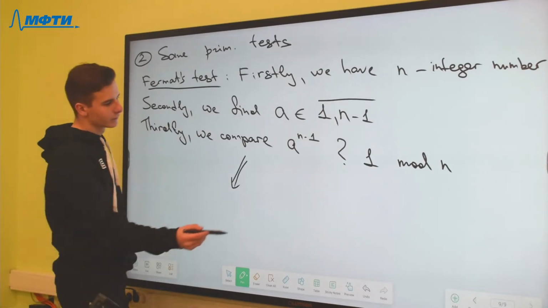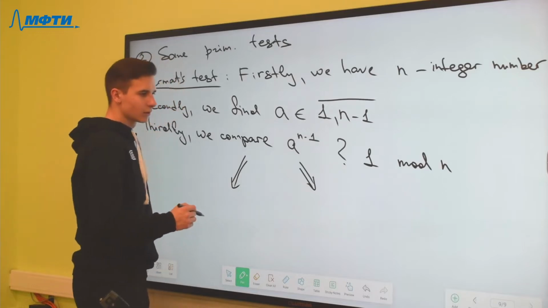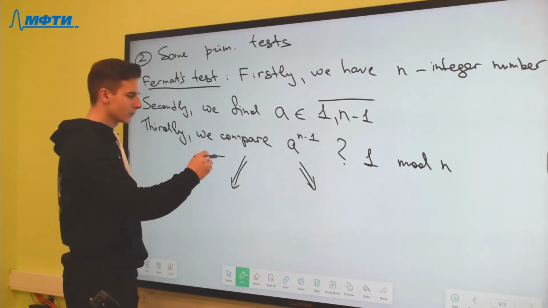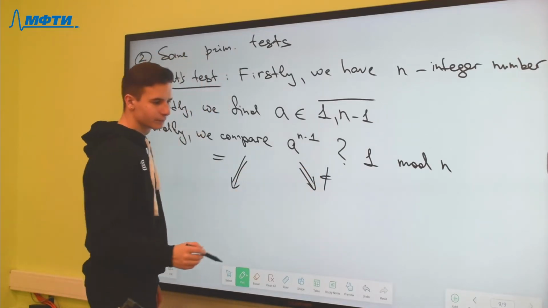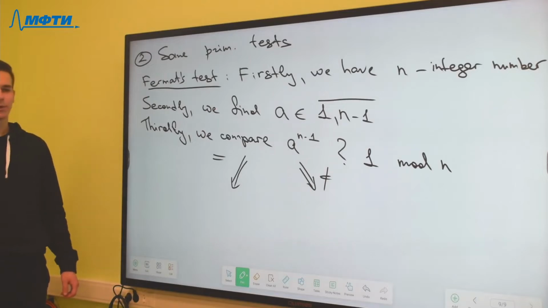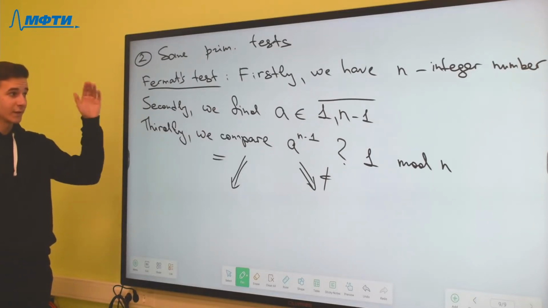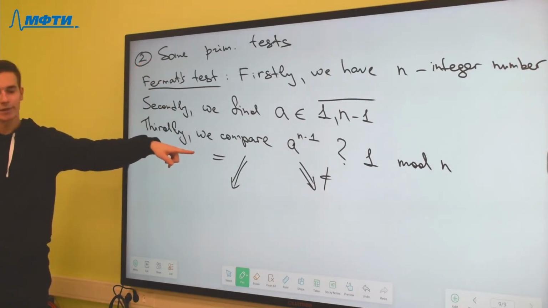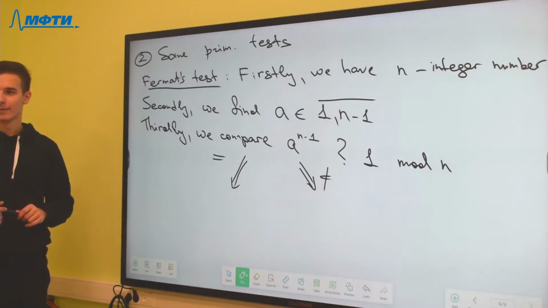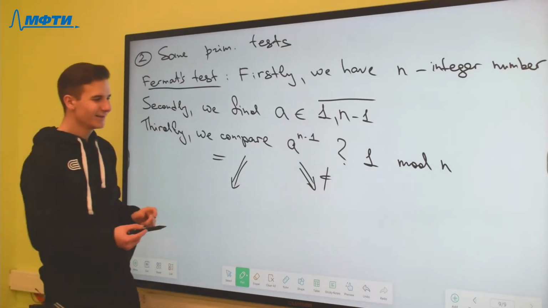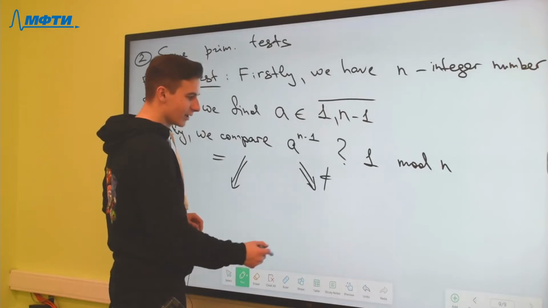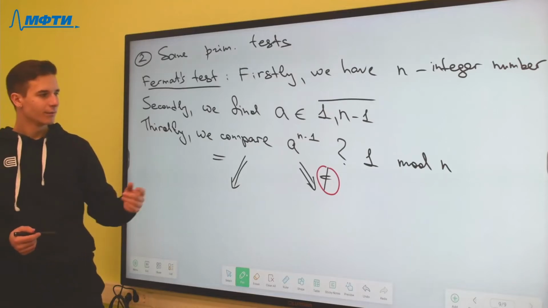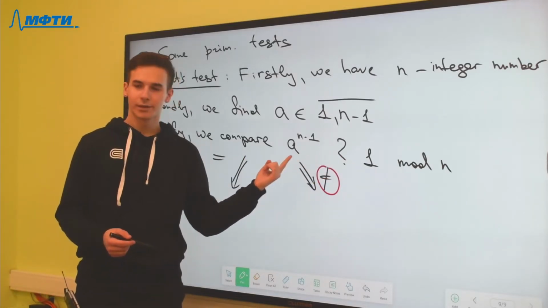And there are two ways. If it is equal or not equal. In which way do we know for certain what n is? Prime or not prime number? In this way or this way? When it is not equal. Because we know that for each prime number n, we get equal numbers here and here.